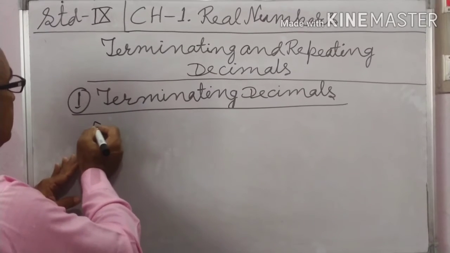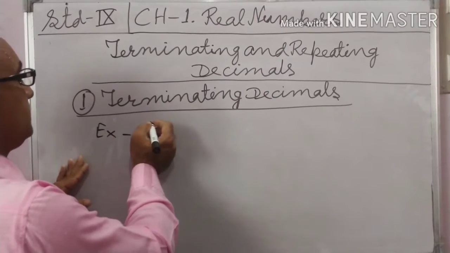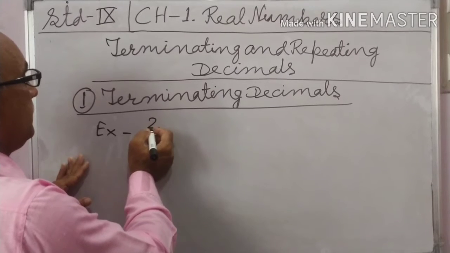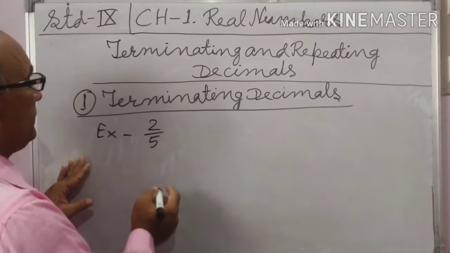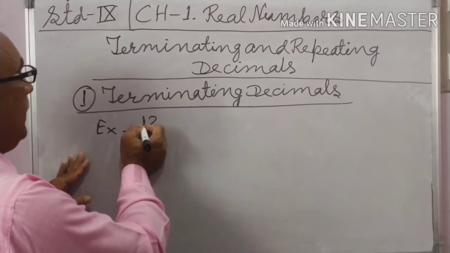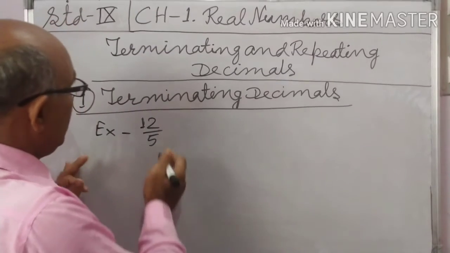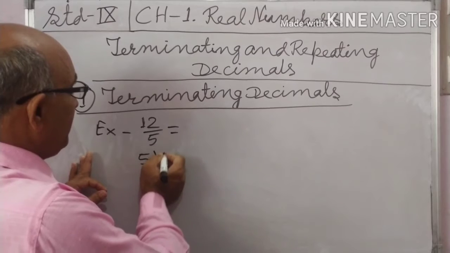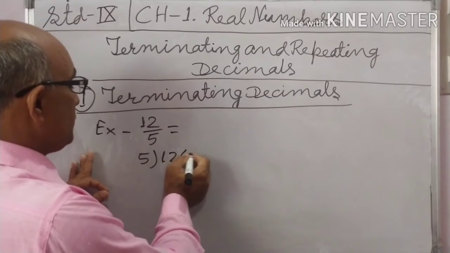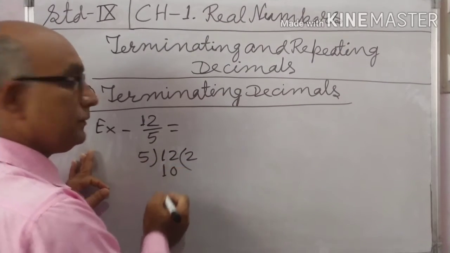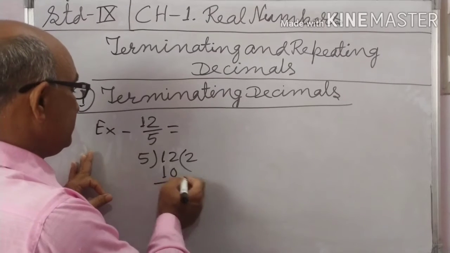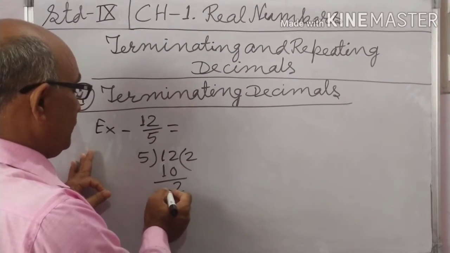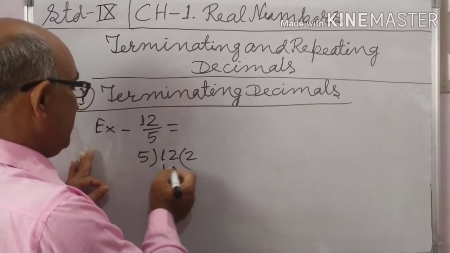Examples: 12 by 5. Expressed in decimal form, 12 divided by 5. 5 twos are 10, 12 minus 10 is 2.